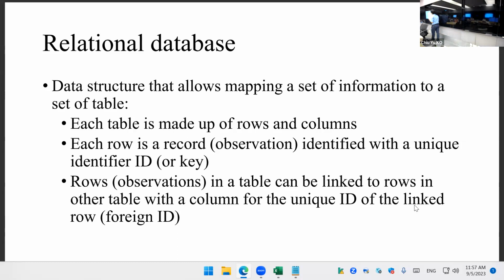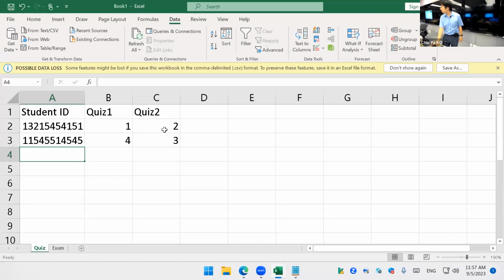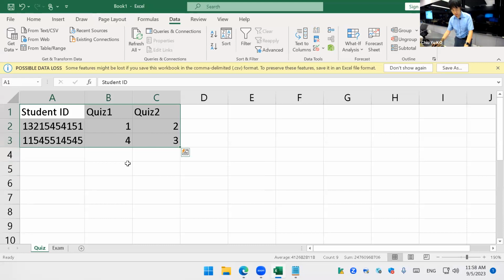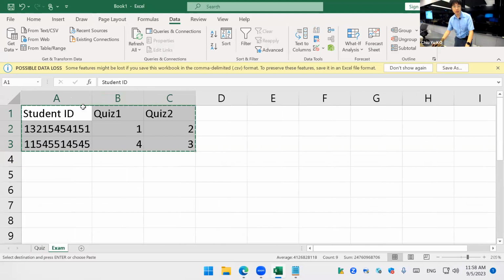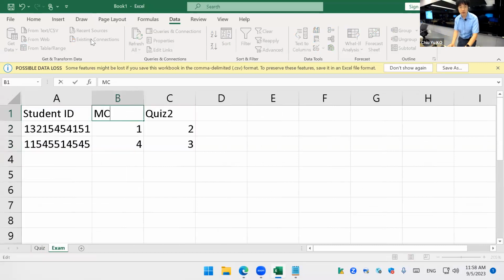That is called a relational database, which means that each table is made up of rows and columns, and there is a record with an ID. So basically, it's tidy tables combined together. What I have in Excel here is actually a database. Suppose I have this, and let me do it here, maybe exam like this, maybe multiple choice, long question.